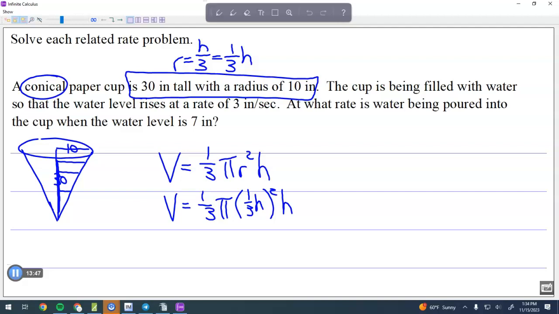So I'm going to just plug that in, the 1/3 h in place of the r. So then what this really is, 1/3 squared is 1/9, yes? Times 1/3 in front. So that's 1/27 pi. h to the what?